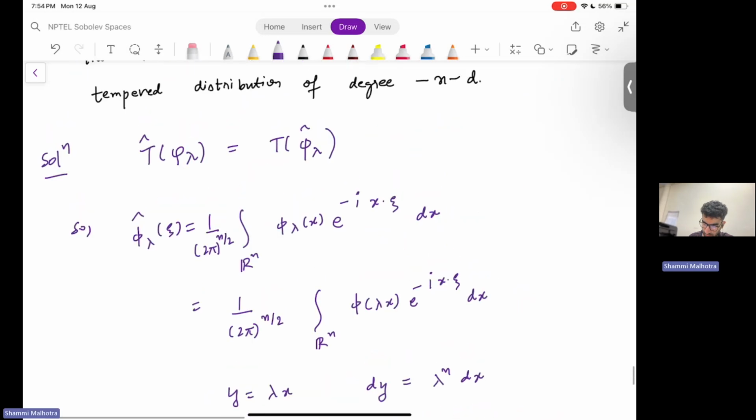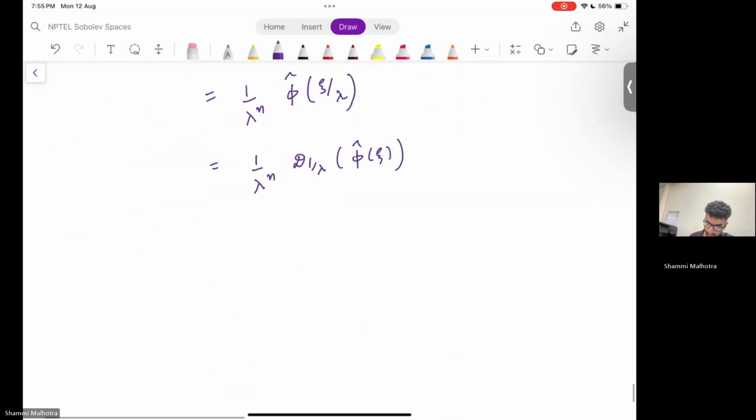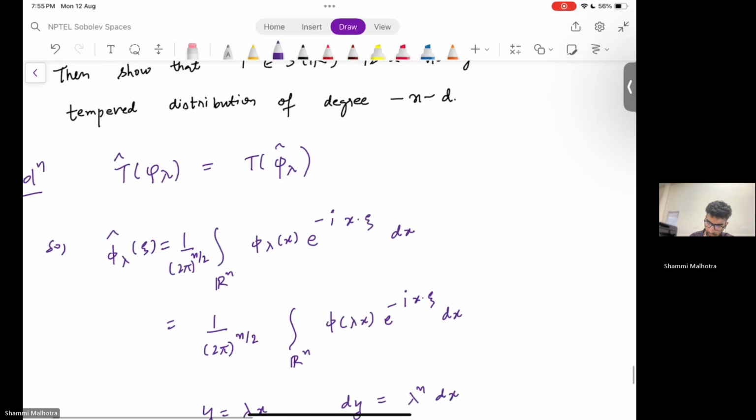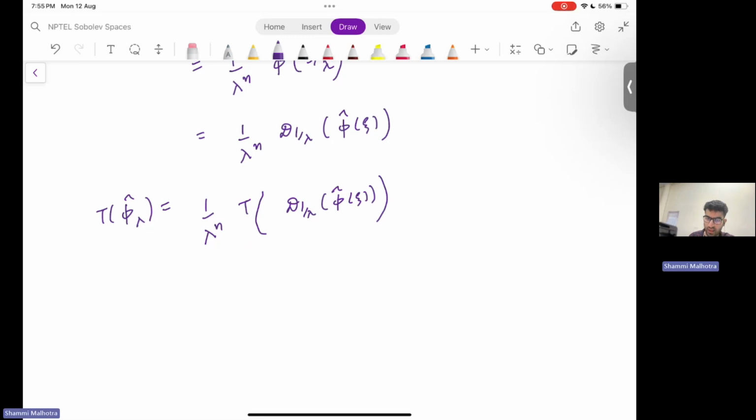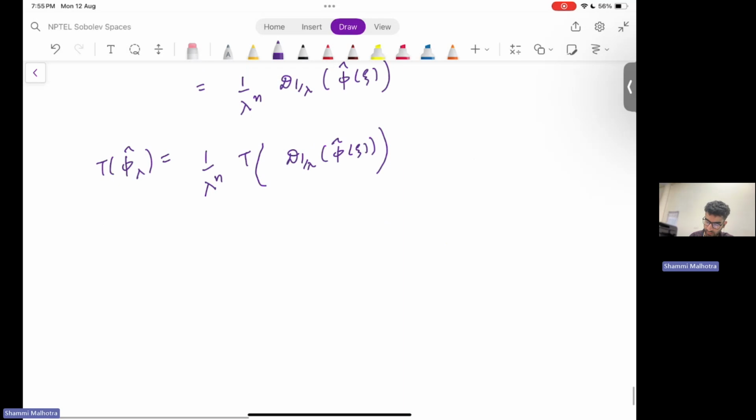So ultimately, T of phi lambda hat is nothing but 1 upon lambda raised to the power n, T of, since T is linear, the dilation by 1 by lambda of phi hat at xi. And I know that T is homogeneous of degree d.